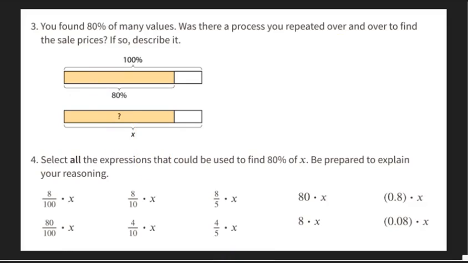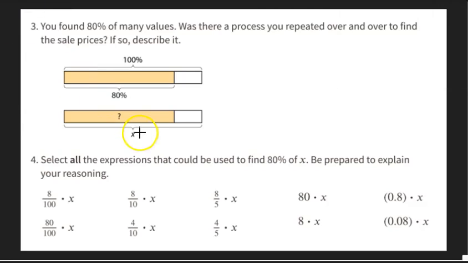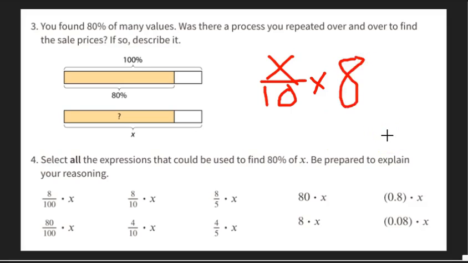Every time we took the total price, the x, and divided it down to the 10, so we used it like divide by 10, and then we multiply that by 8, right? Well, you could also think of it as whatever the price was divided by 100 and then multiply by 80. Still going to give you the same thing in the end.